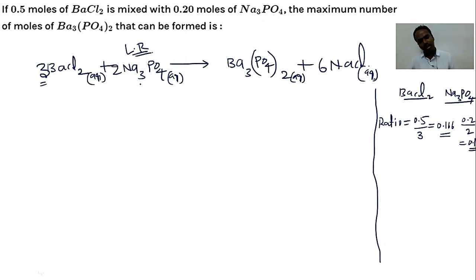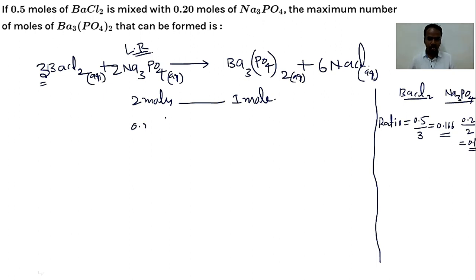Once you find the limiting reagent, with respect to Na3PO4 you can easily find the number of moles of barium phosphate produced. That is the question. According to this equation, 2 moles of Na3PO4 can produce 1 mole of barium phosphate. Now the number of moles of Na3PO4 given is 0.2.